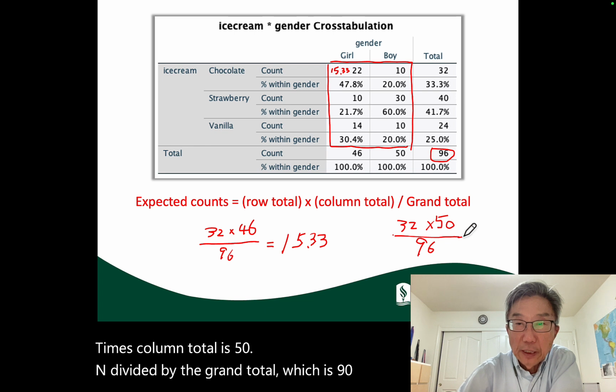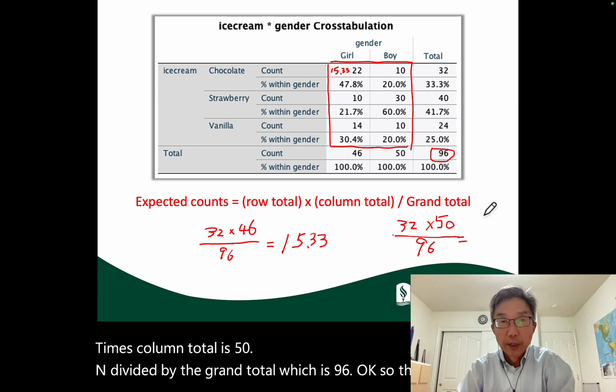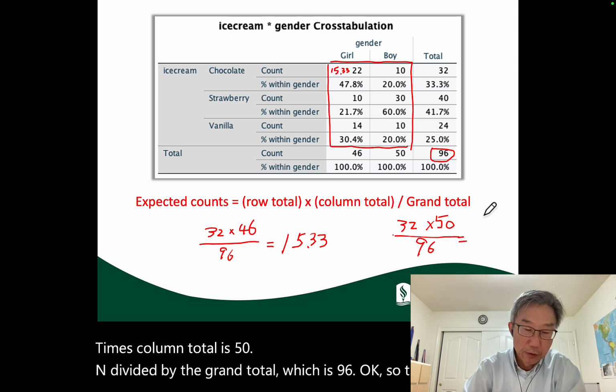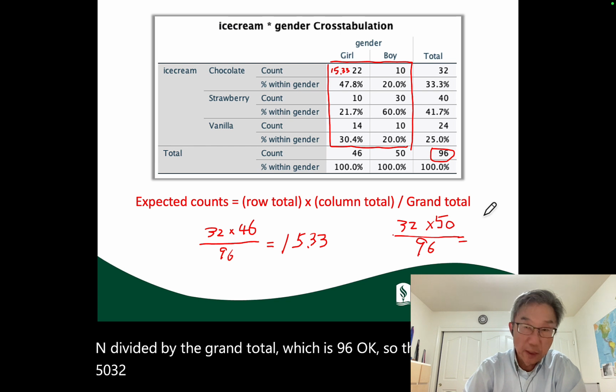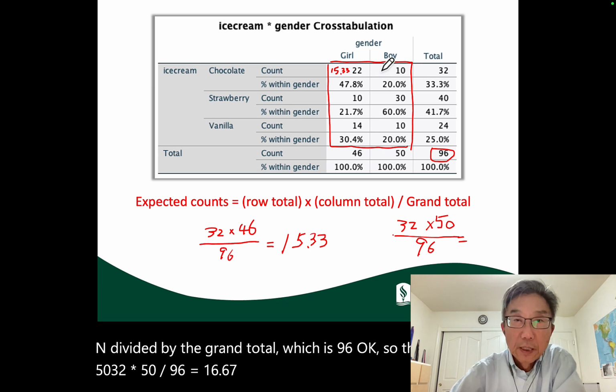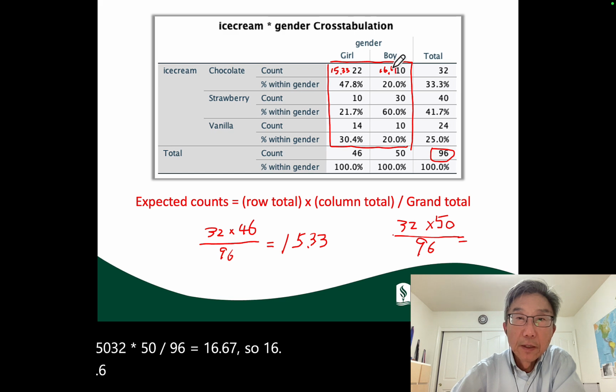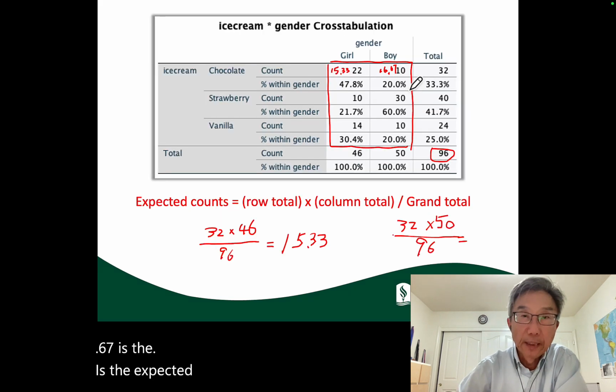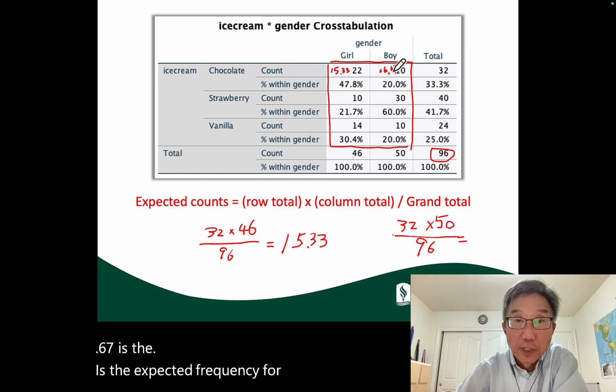Okay, so 32 times 50 divided by 96 equals 16.67. So 16.67 is the expected frequency for this particular cell.